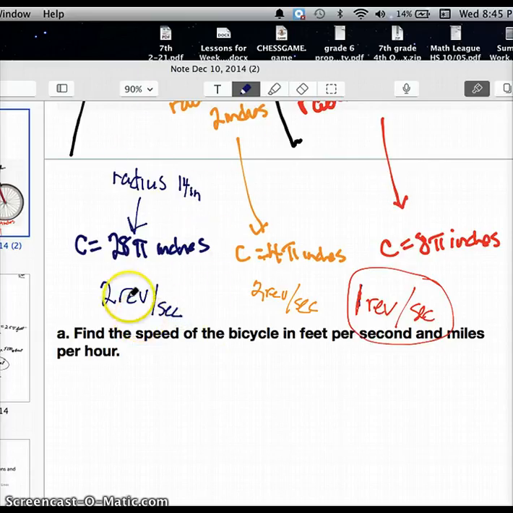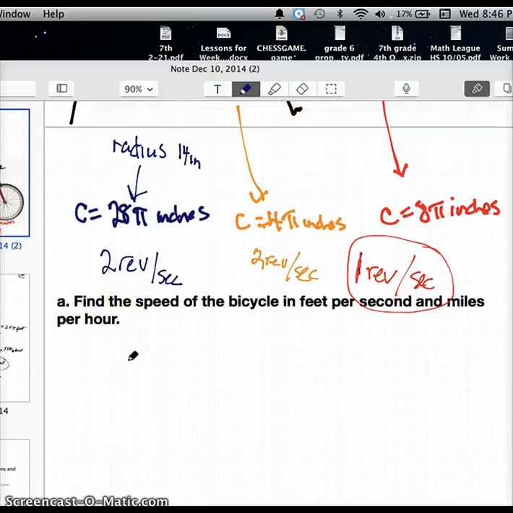Now that we've got that information, we're going to use it to find how far the bike is traveling in reference to time. If the tire goes 2 revolutions per second, it travels 28 pi inches times 2 per second, because it goes 2 revolutions per second.